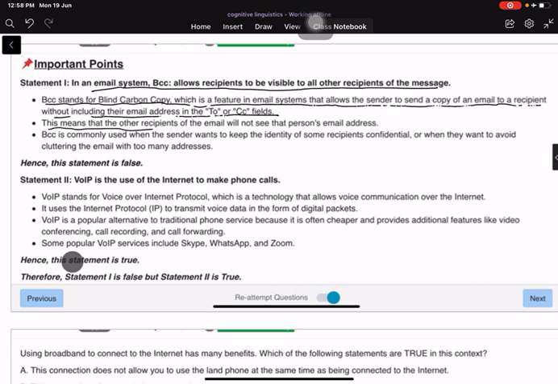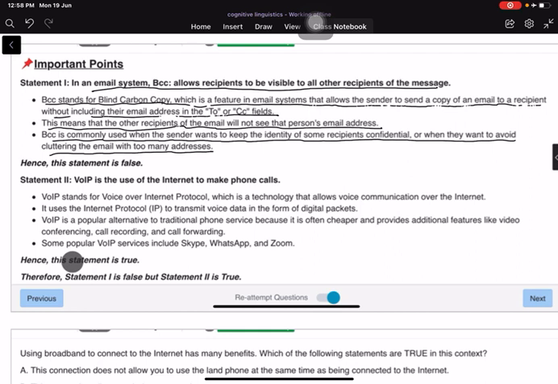This means that the other recipients of the email will not see the person's email address. BCC is commonly used when the sender wants to keep the identity of some recipients confidential, or when they want to avoid cluttering the email with too many addresses.